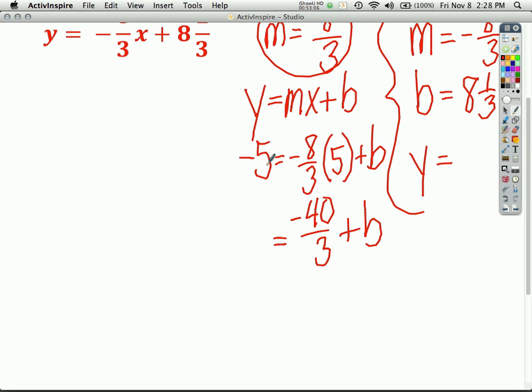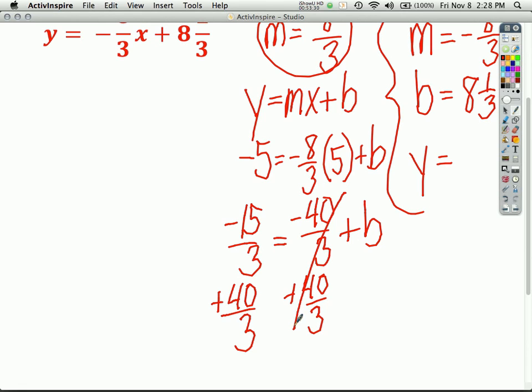How do I write this as thirds with a denominator of 3? What will that become? Zabari? Negative 15 thirds. Add 40 thirds to both sides. This cancels out. Positive 40 and negative 15 equals positive 25 thirds.